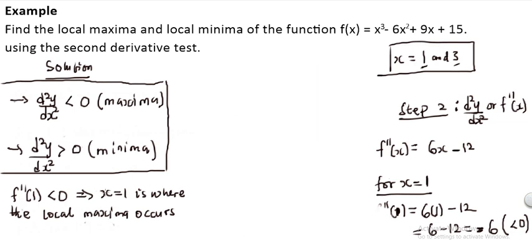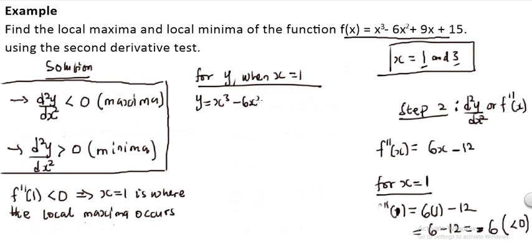Since we already know the x value, to get the y value I would simply use the original function. For y when x is equal to 1, using y equals x cubed minus 6x squared plus 9x plus 15, I plug in 1: y equals 1 cubed minus 6 times 1 squared plus 9 times 1 plus 15.